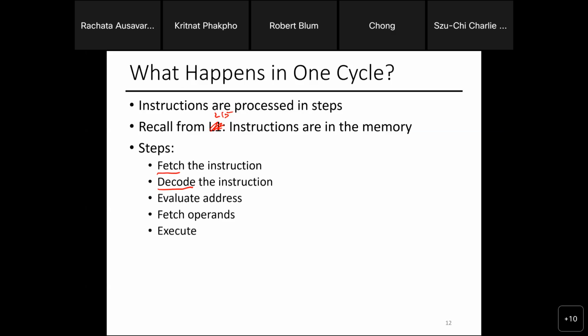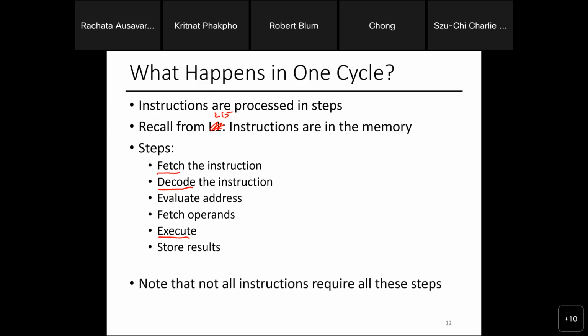Then the next step, we call it execute, which is to execute the instruction. Then we store the result back. Store result back can happen at two places, the memory or the register file. And at the end, you move the program counter to the next line.